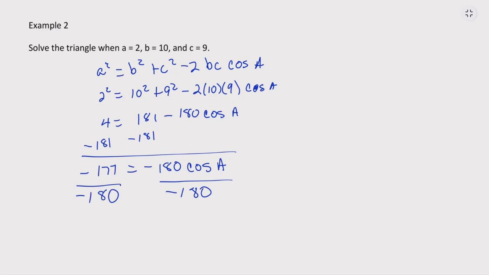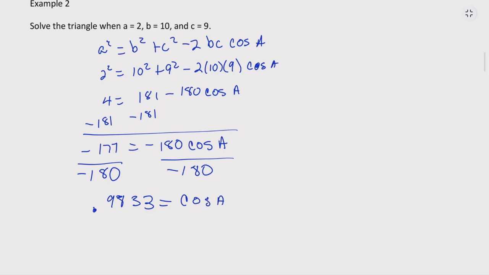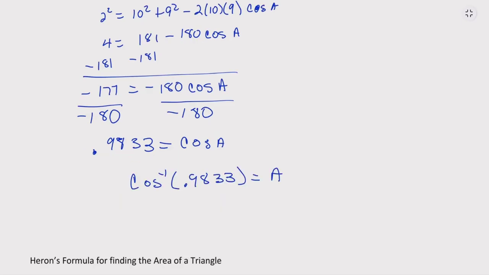And we get positive 0.9833 equals cosine of A. And then we would take the arc cosine of that. So A is equal to 10.497.